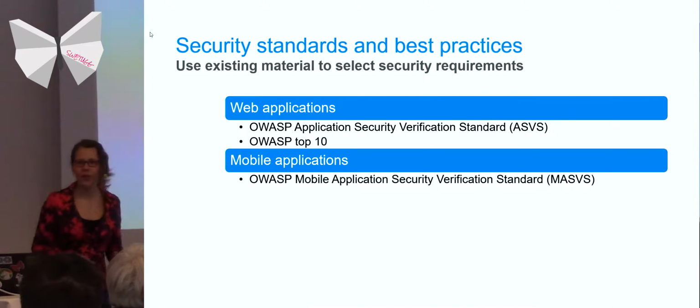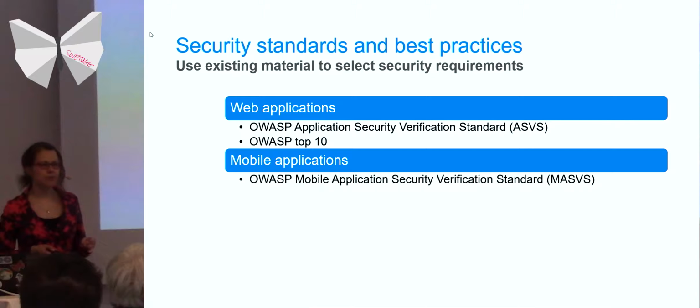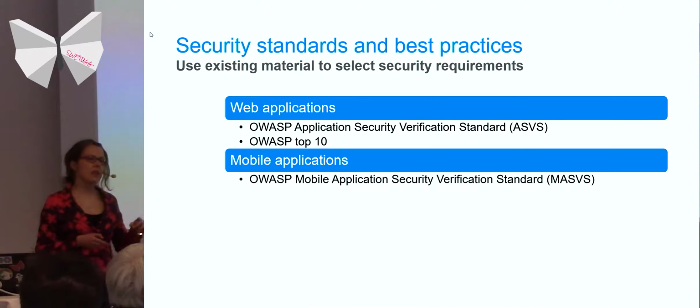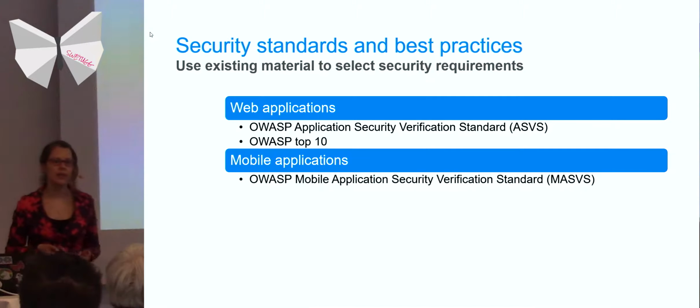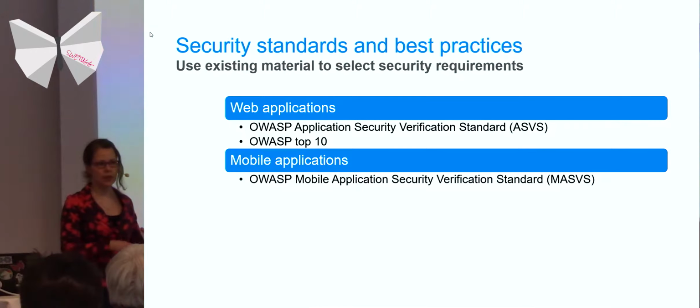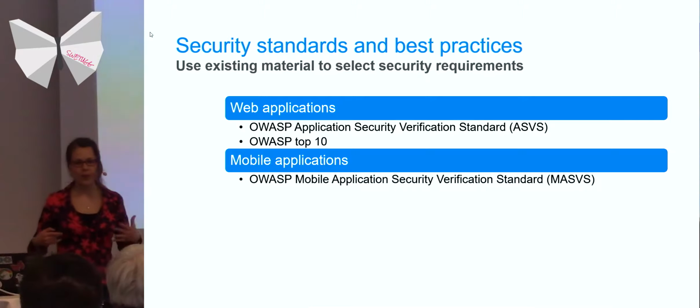Well, that's a mouthful. ASVS for short. It has requirements on what you should have for session management, authentication, input validation, crypto, and so on, how you should do it with actual examples, and then how to verify that you have made it correctly.